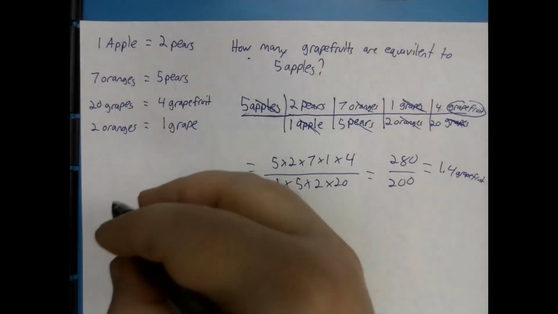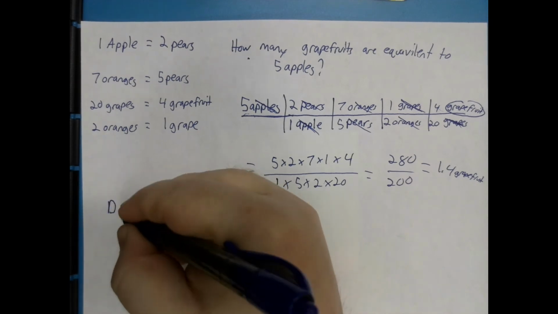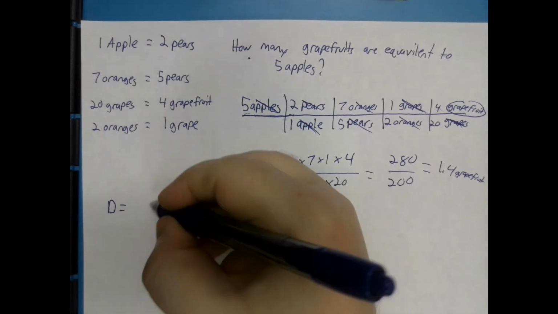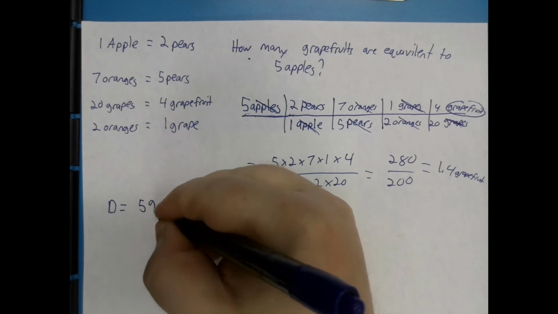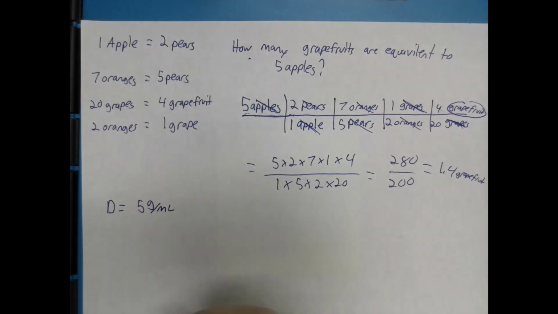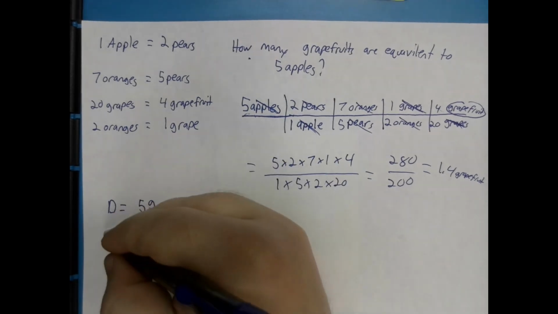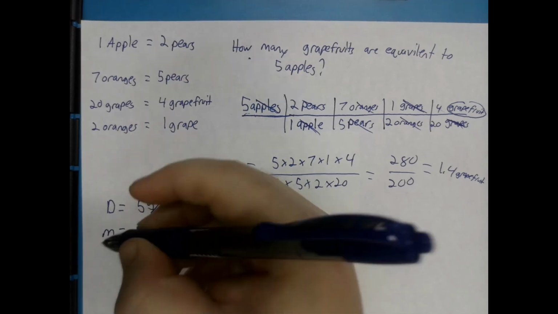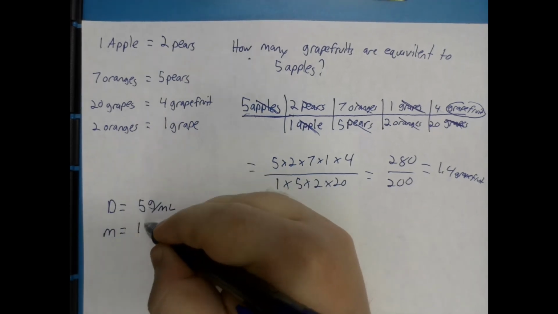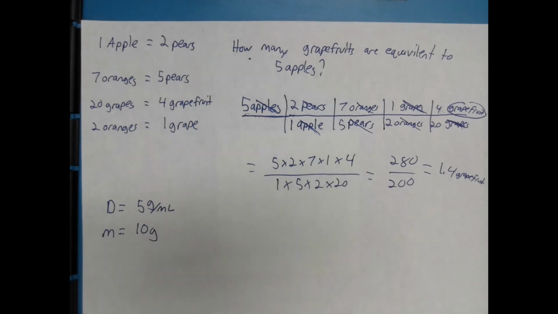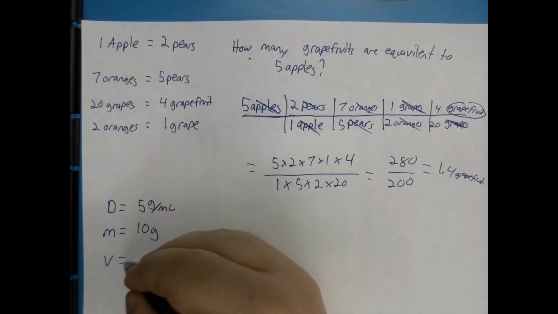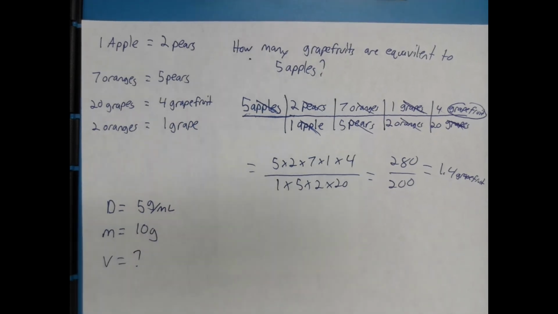whenever solving for density? For example, density of something is equal to 5 grams per milliliter. Mass is equal to 10 grams. And I want you to find a volume of that.